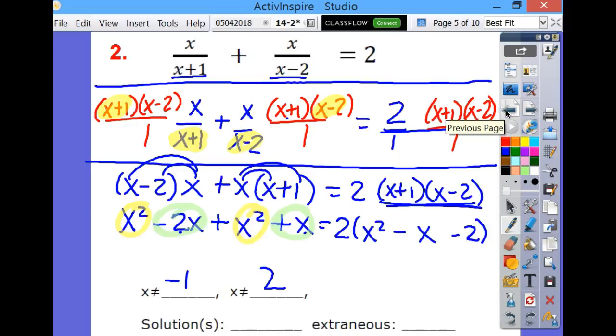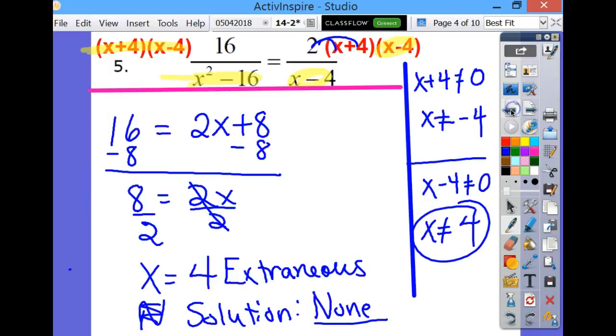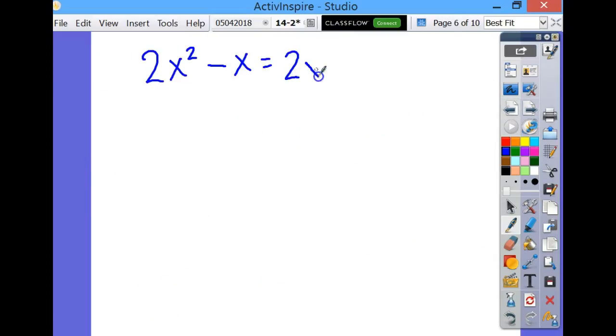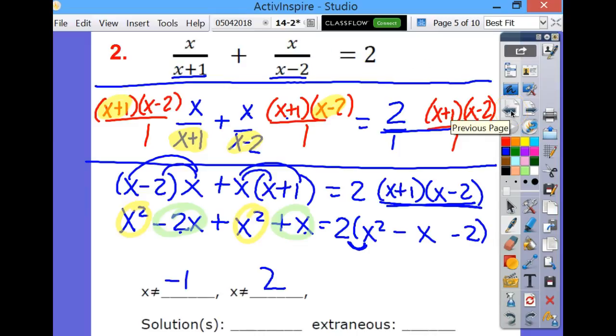Okay, and then I need to distribute on that one, and so that's going to be, I missed it, 2x squared minus 2x, and is that a minus 4? 2x squared minus 2x minus 4.